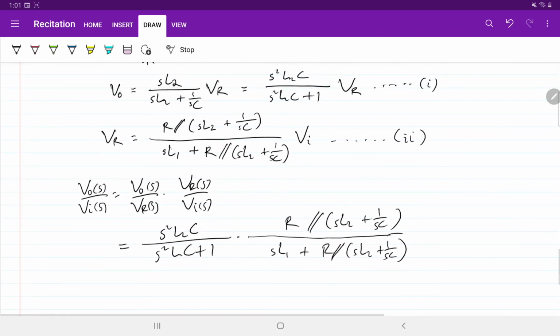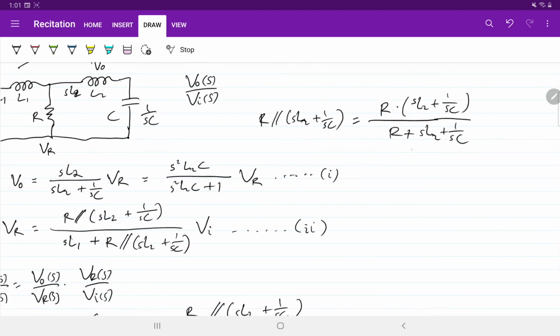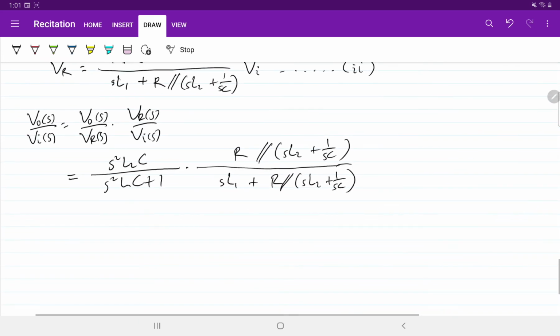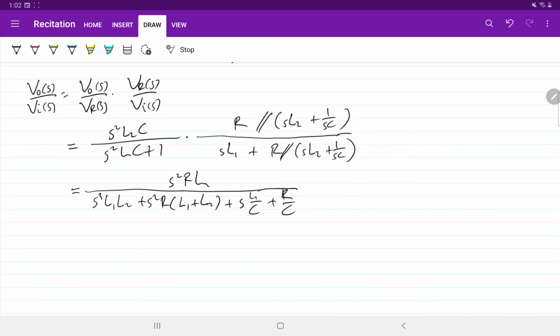Okay, so you can substitute R parallel with SL2 plus 1 over SC in this equation. After simplification you should get the simplified final answer: S squared R L2 over S cubed L1 L2 plus S squared R (L1 plus L2) plus S L1 over C plus R over C. Okay, so this is the final simplified transfer function.